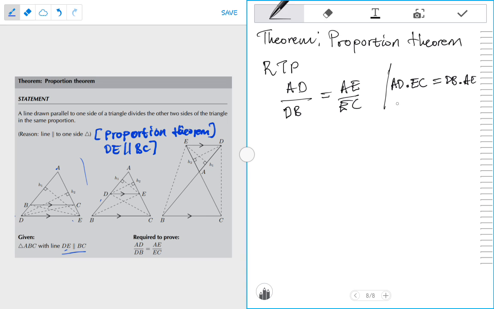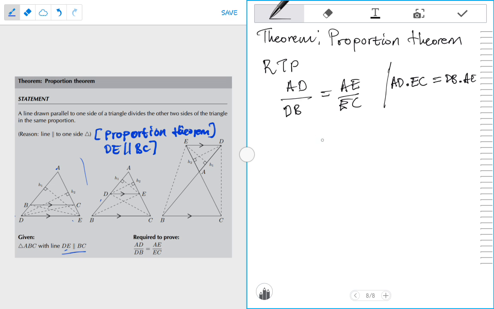Don't be confused, because these are the same. Or still, AD is to BD as AE is to EC. That's the same thing. I hope you can see that, because we did proportionality.